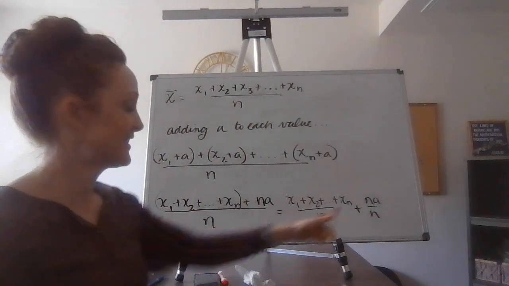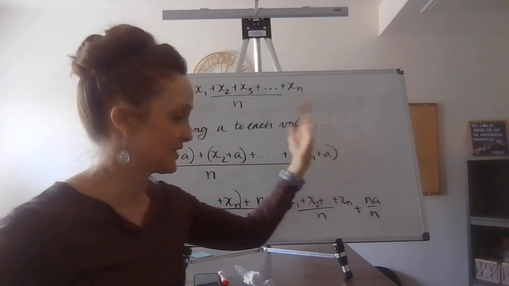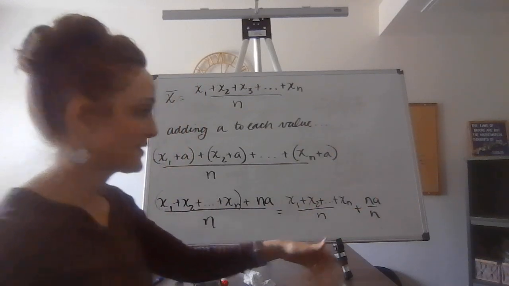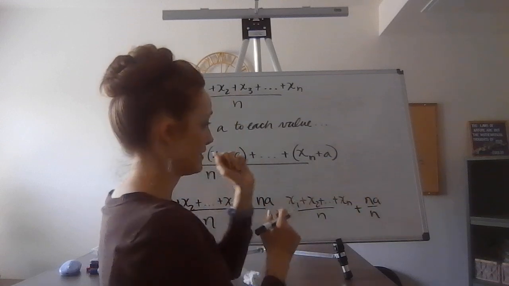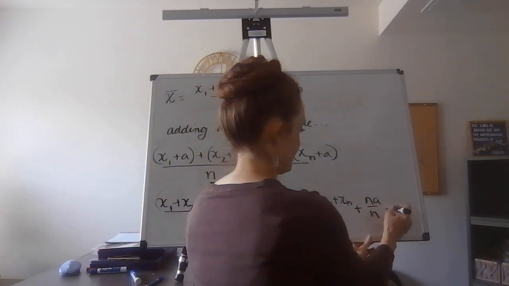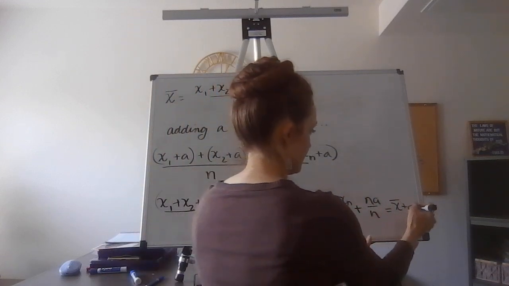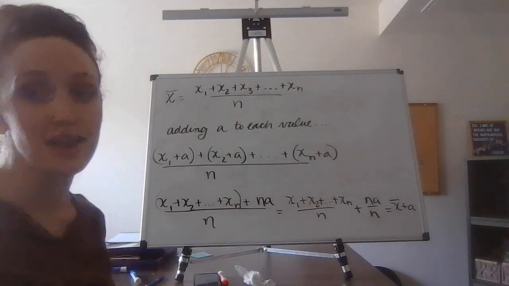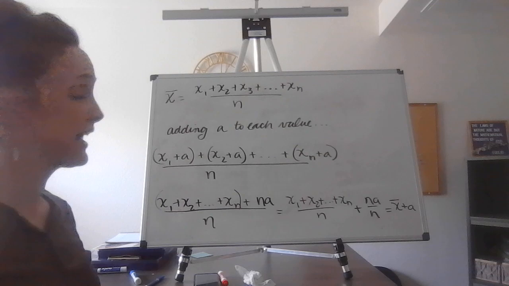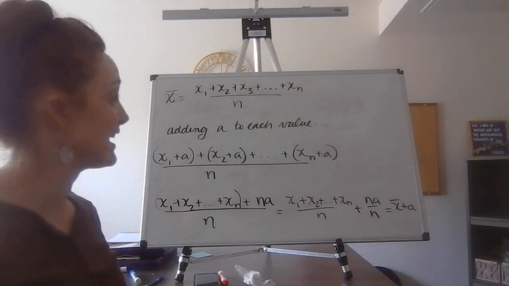Well, if I divide n by n, I just get 1. So all of this is just equal to our original x bar, plus a. So we've proven it. This works in general for any sample set that is n terms long, that has n data points in it.